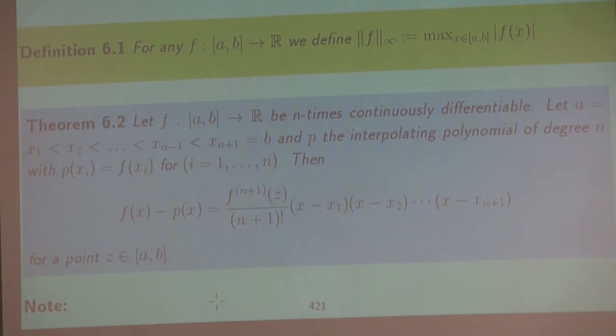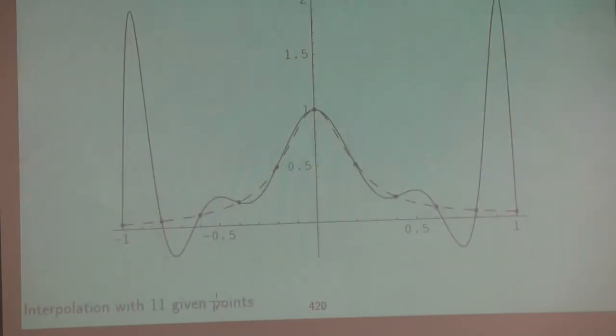Okay, so the new task is, go back to the picture. Given a function, the dashed line, and a number of points xi, x1, x2, x3, we want to have a polynomial of degree n that hits the function at all these points.